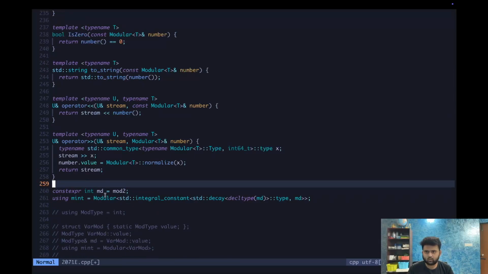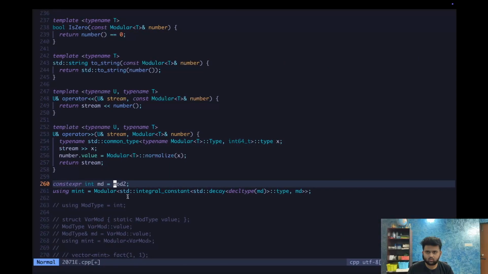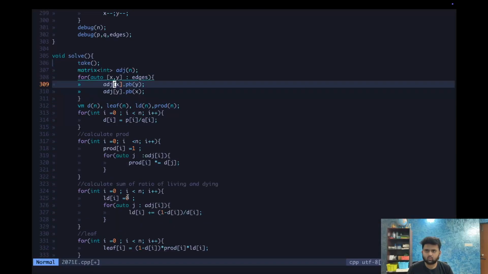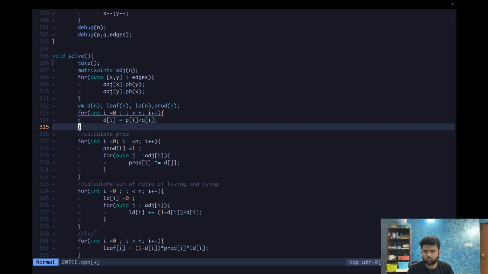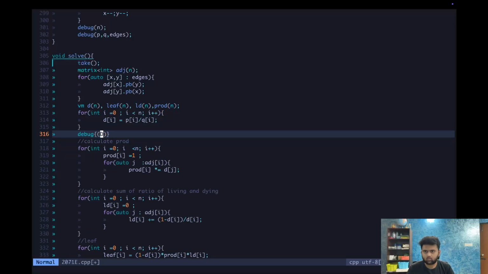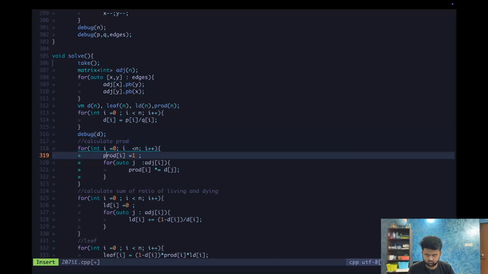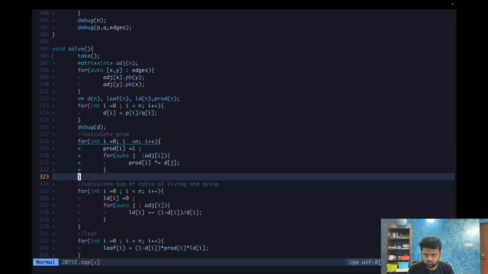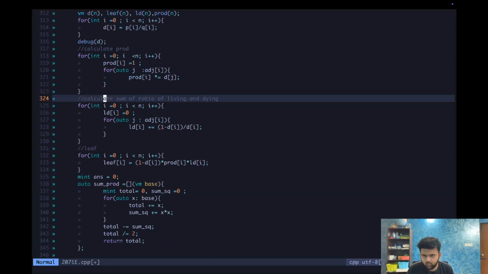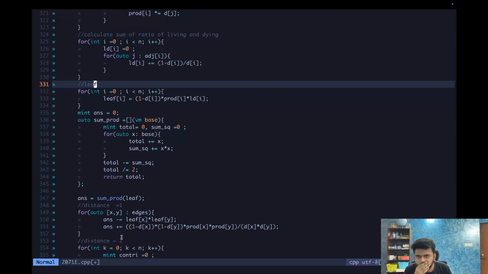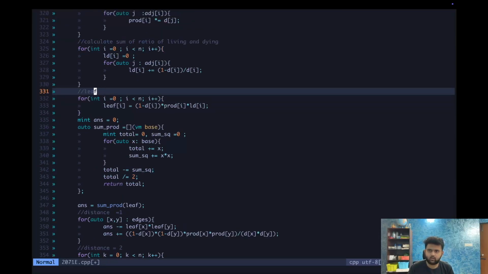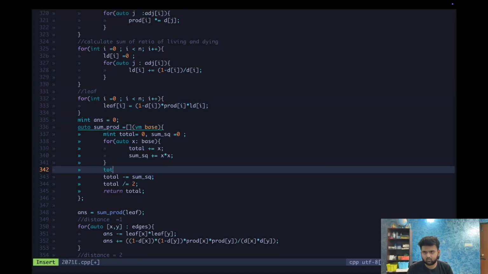Is my mod correct? It's mod 2. Alright, I did do that. Oh yeah, I didn't do sum of products, so I have to square total and subtract it.